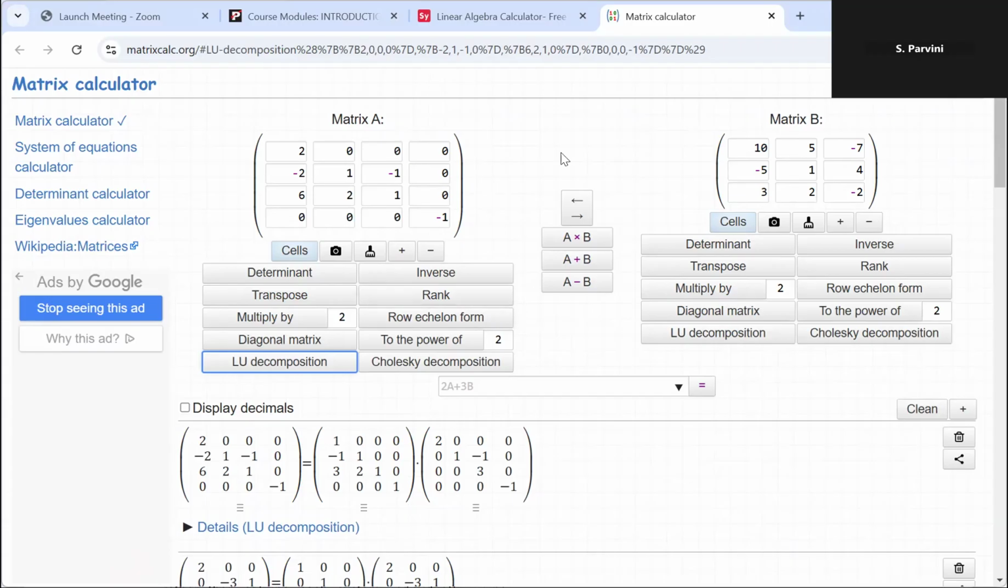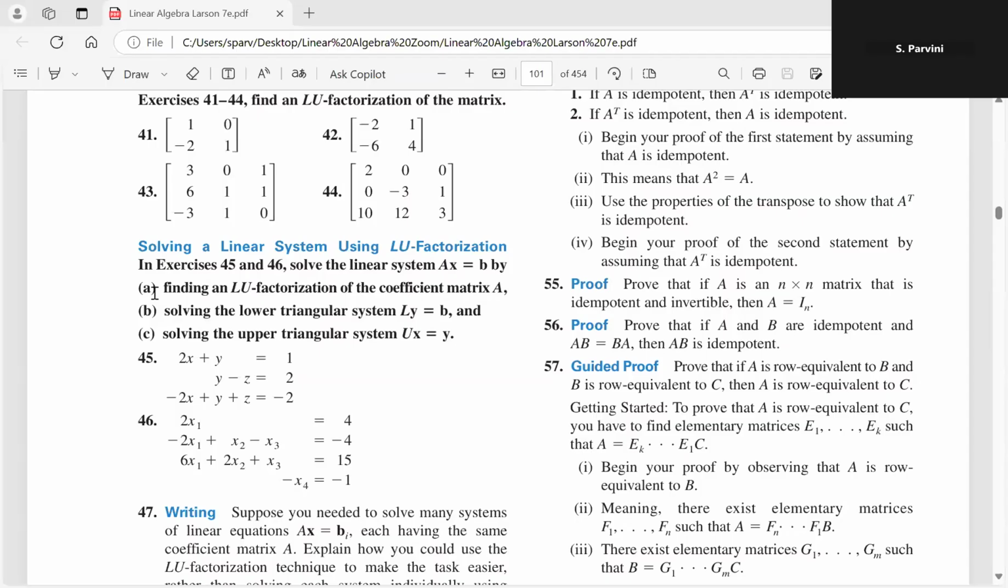Okay. Now let me go back. Sorry, I keep switching back and forth, but I want you to see all the components of what I'm doing here. So we just did part A. Everyone okay on part A? Yeah. Perfect. Let's do part B. It says part B, solve the lower triangular system. He's guiding us through.